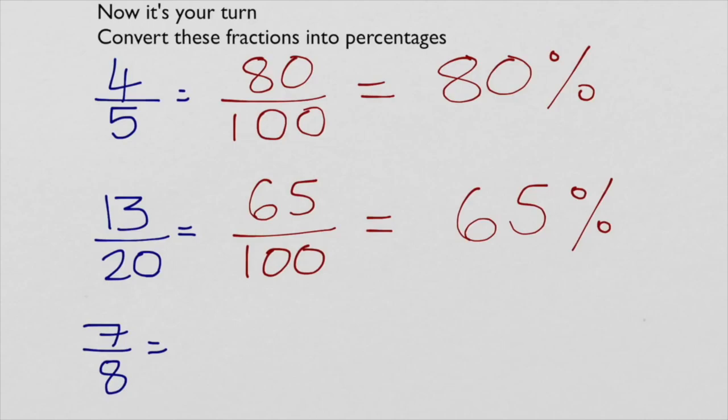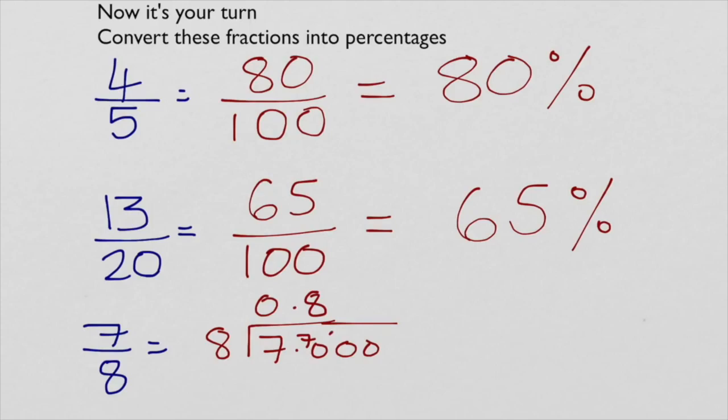I know 8 is not a factor of 100. So I'm going to have to do some division. 8 into 7. I'm going to write 7.0, add in my zeros now. 8 into 7 doesn't go, carry the 7 over. 8 into 70 goes 8 times. 8 times 8 is 64, so remainder 6. 8 into 60 goes 7 times. 7 8s are 56, remainder 4. 8 into 40 goes 5 times.